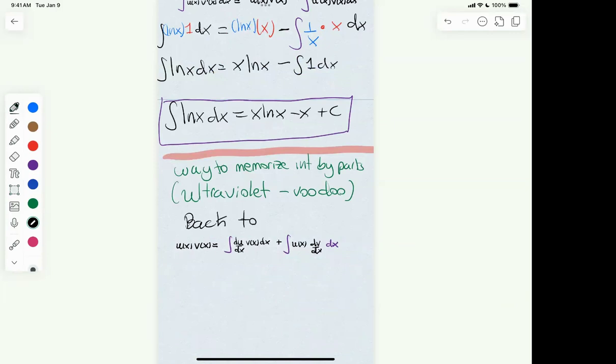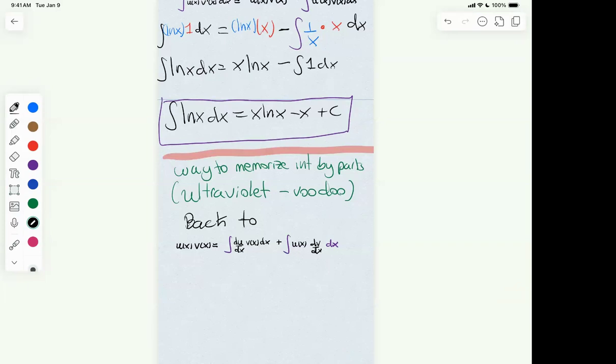If you pretend for the moment that the derivatives are some sort of ratios, then you have dx with dx here, which would cancel, and a dx with dx here, which would cancel. So it's just a way to memorize the formula.